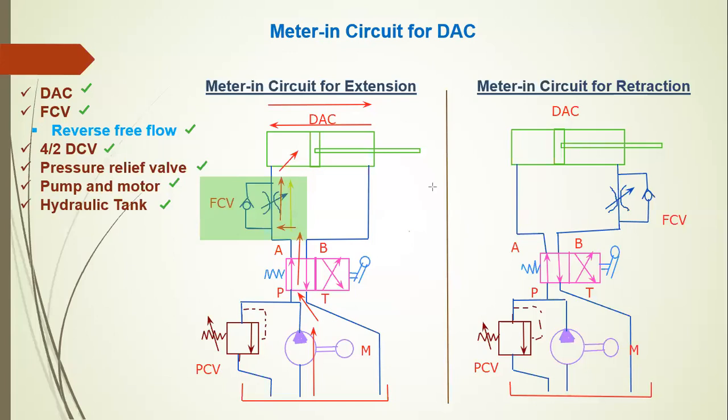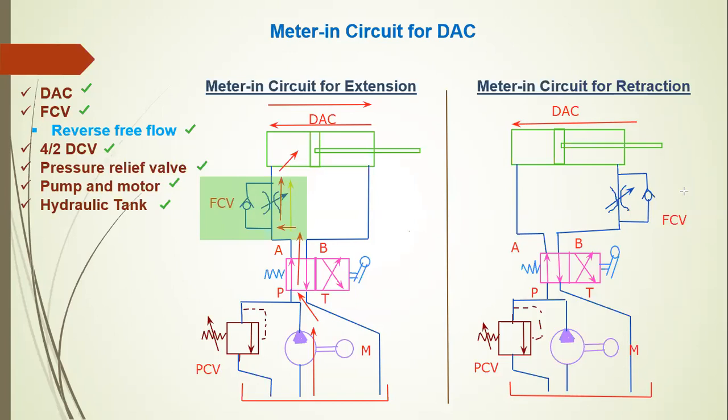So the FCV is required to control the flow of oil and the motion of the actuator in the forward or reverse direction. If the piston moves in the forward or extended direction, the FCV is put on the inside of the actuator. To control the speed in the reverse direction, we can put the FCV on the outside.